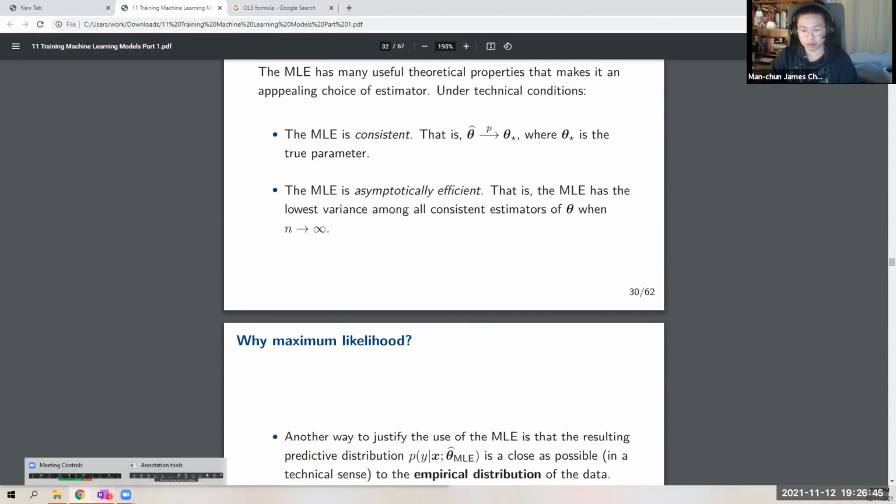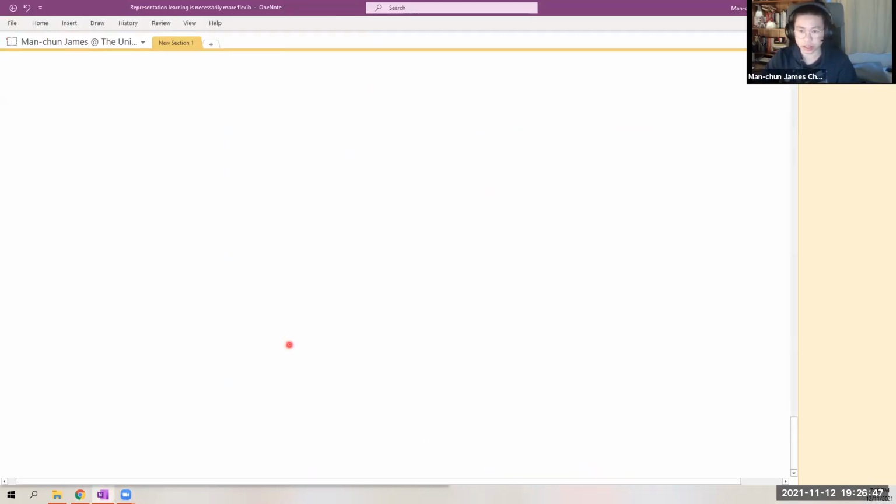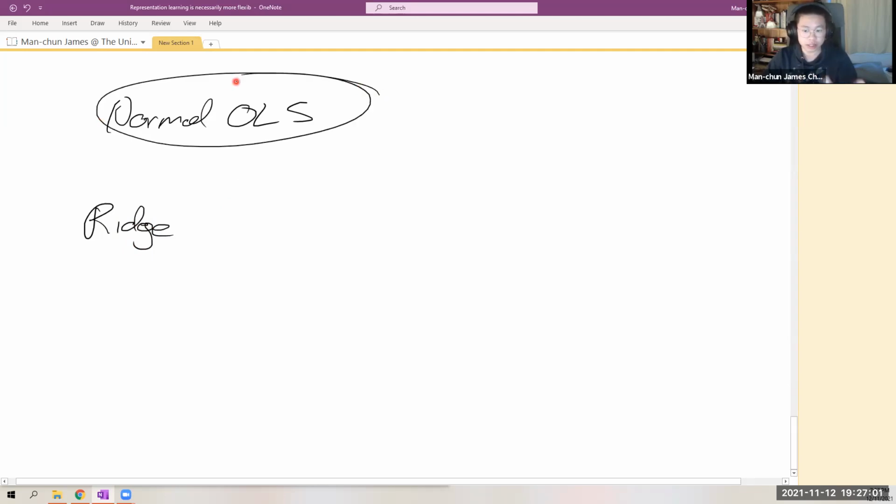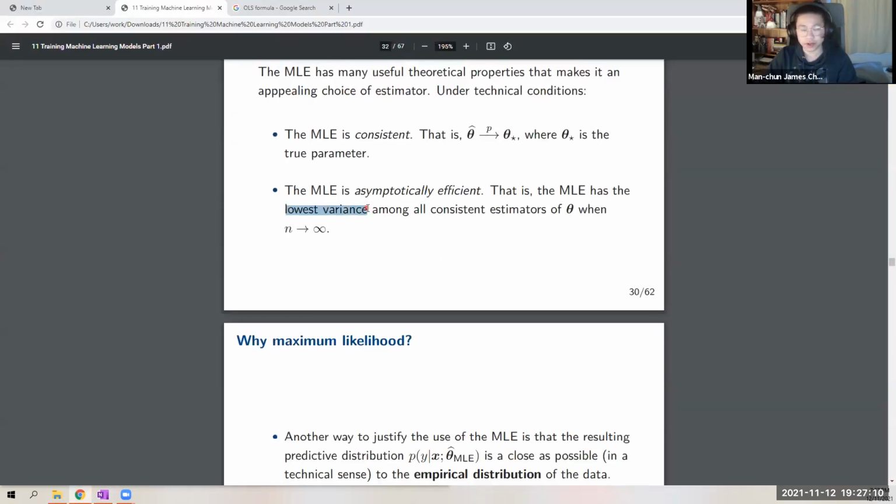So that's the normal OLS. But we know that ridge regression, lasso regression, and everything else has lower variance than the normal OLS solution. This seems kind of weird because it's saying you have the lowest variance, but the key is that it's the lowest variance amongst consistent estimators.